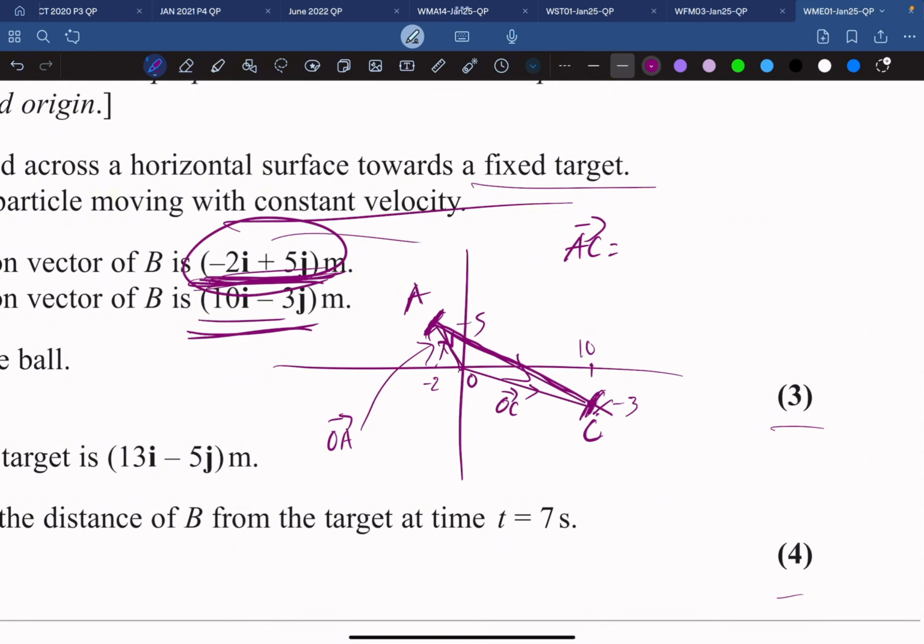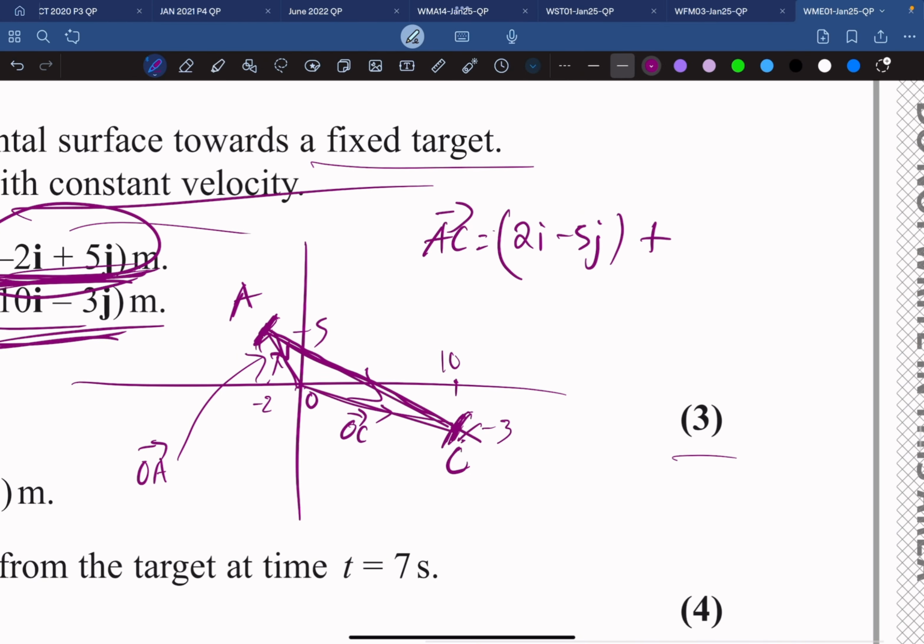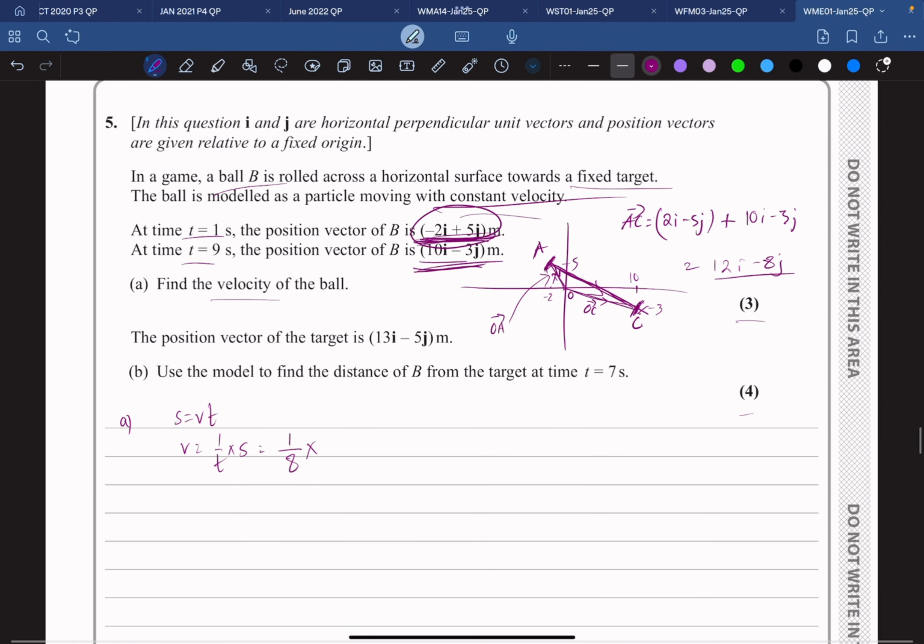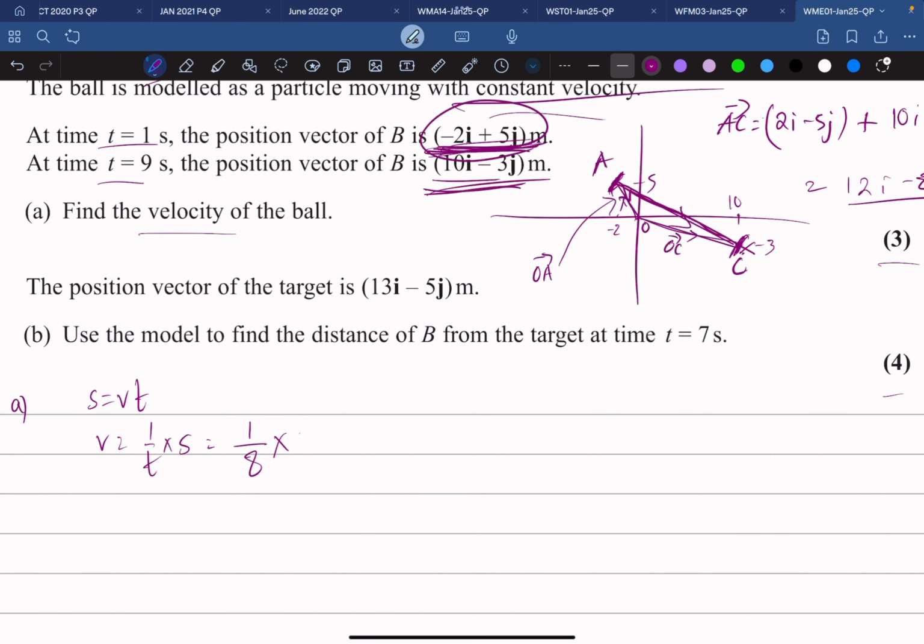You multiply minus with this, so you'll be getting 2i minus 5j, and then plus OC. OC is 10i minus 3j. There we go. Now you have 12i, and then you have minus 8j. This is really what we're concerned about. This is the displacement. This is what we're going to use here.